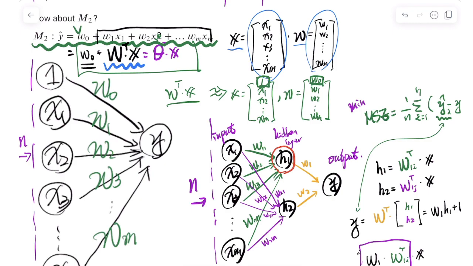So when you want to draw the graph to represent this relationship using a neural network, you can simply put all the X right here as neurons, and put the corresponding weight on the links, and add them together, so it becomes y. So this figure is exactly the same as this one.